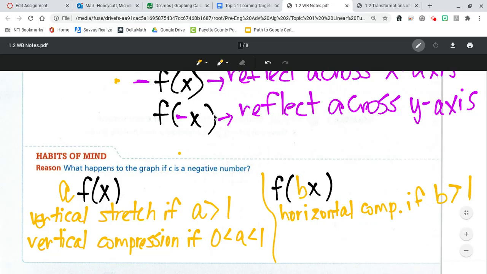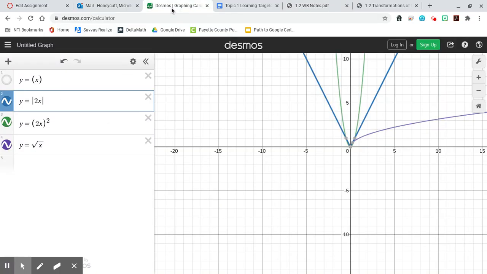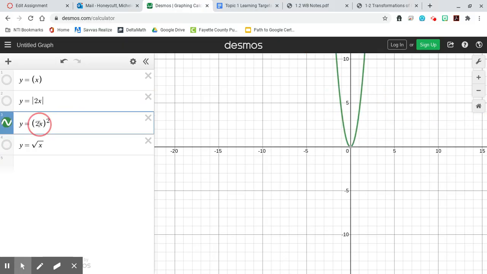Because if you notice when I graphed over here, let's look back at x squared. Okay, so here's x squared, right? If I put a 2 there, horizontally, it gets compressed more together.